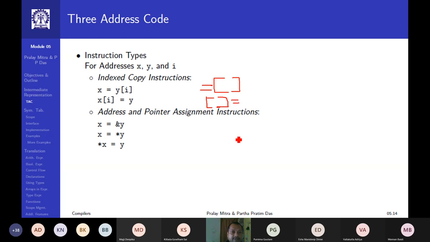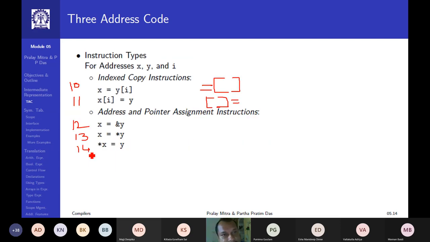These two are the operators. Okay. So 10, 11. You are familiar with this assignment operation for the address and the pointer. 12, 13, 14. Probably that's it. Yes.